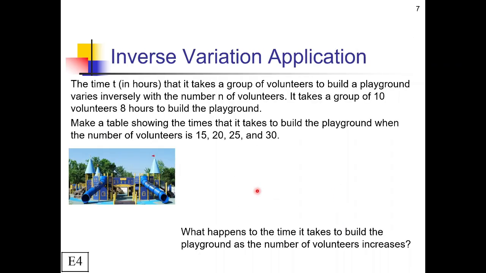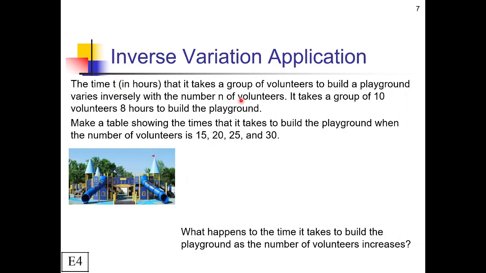For our final boss battle problem, we're going to do one that's kind of like the last example, only to a much higher level, higher extent. So the time in hours that it takes a group of volunteers to build a playground, like this beautiful one here, varies inversely with the number n of volunteers. So we have some n that we're plugging into a function, and that gives us a time value back.